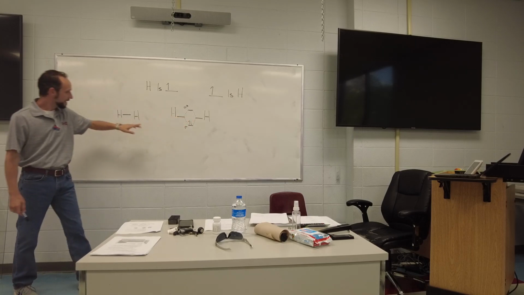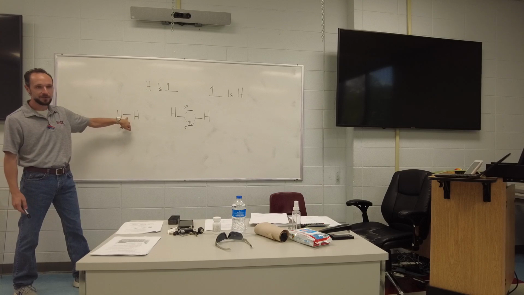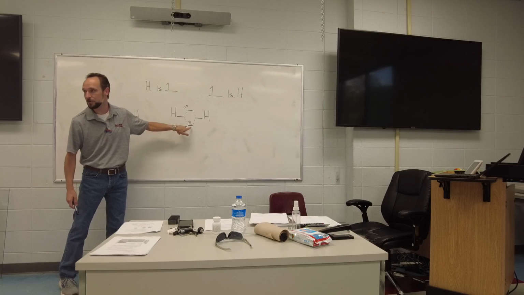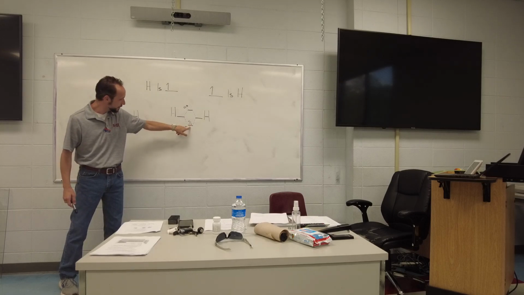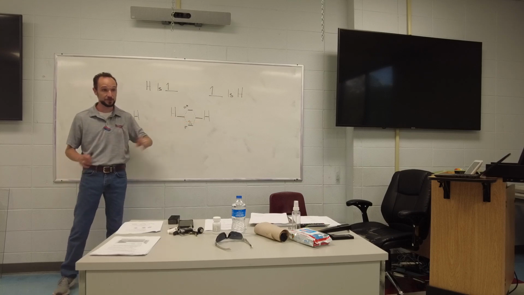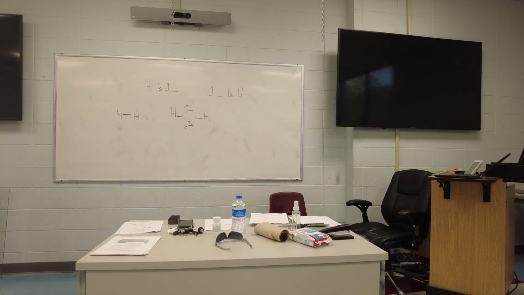This is why, in order to break this bond, I've got to put some energy into it. It takes energy to raise an electron to a higher energy level. I've got to put energy into it to break those apart, to put them in those two higher energy levels and separate that molecule. That's why bonds require energy to break.